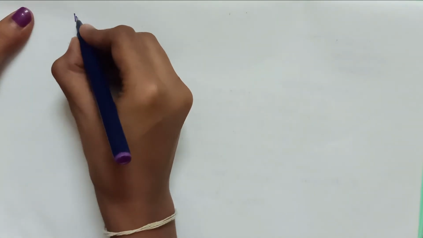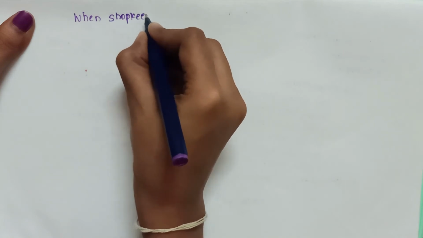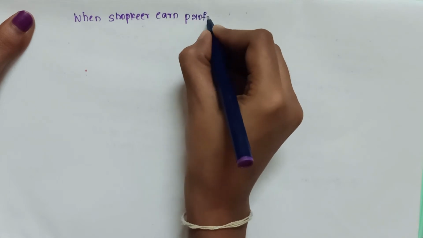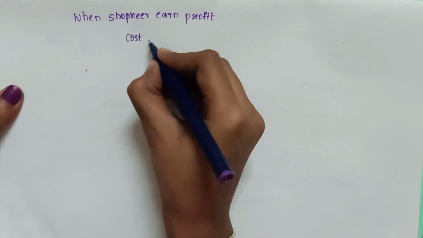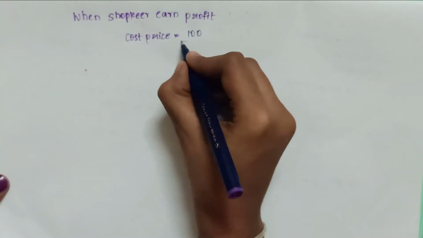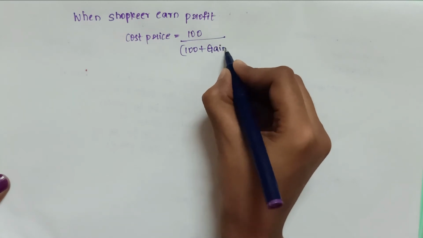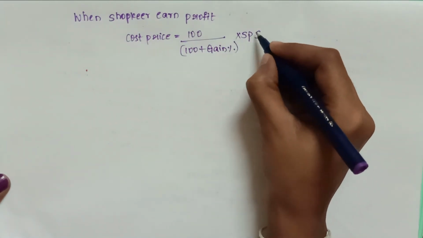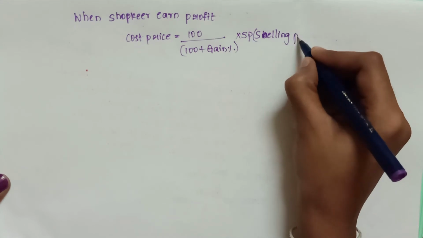Third formula, when the shopkeeper earns profit. Cost price is equal to 100 by 100 plus gain percent into SP, where SP means selling price.